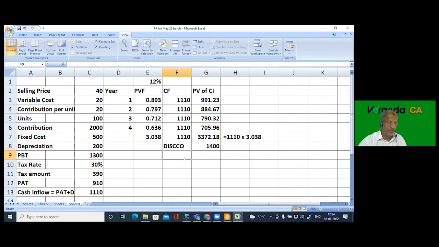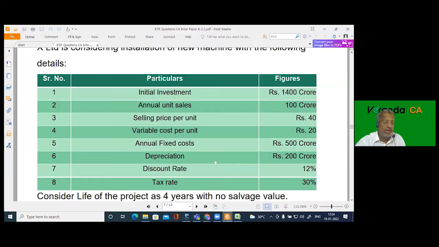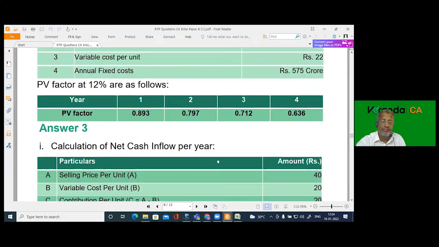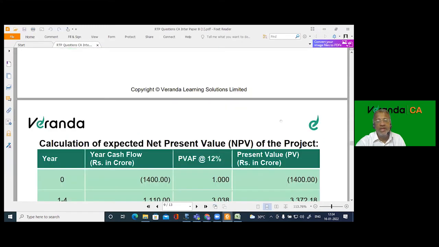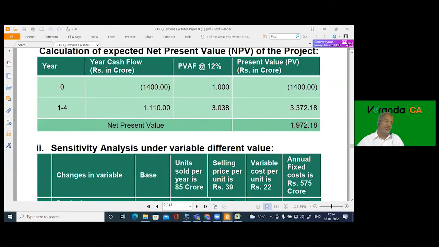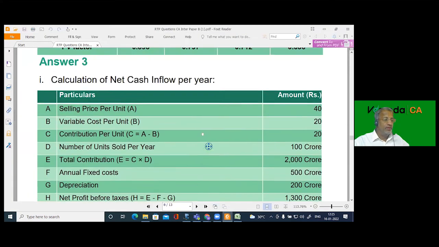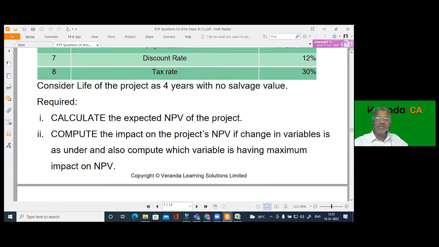So net present value represents 1972.18. We have just got it like this. Okay, we have answered the first part of the question: calculate the expected NPV.